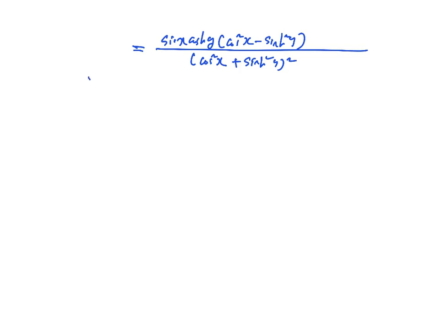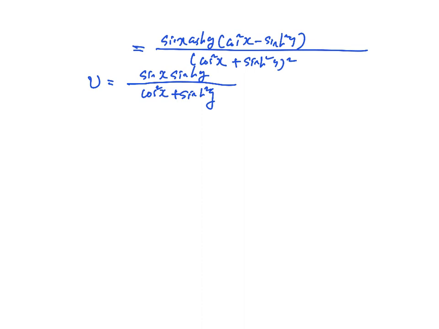Say v is cosine square x plus sine hyperbolic square y. I'm laughing, but you don't have to laugh.